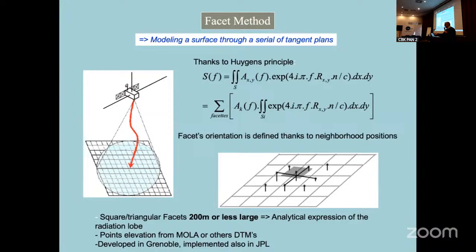We use the facet model, which we developed, let's say, many years ago, in which each surface is represented as rectangular or triangular facets. It's better triangular facets. And this accelerates the calculation of the reflection, of course. We use this method.